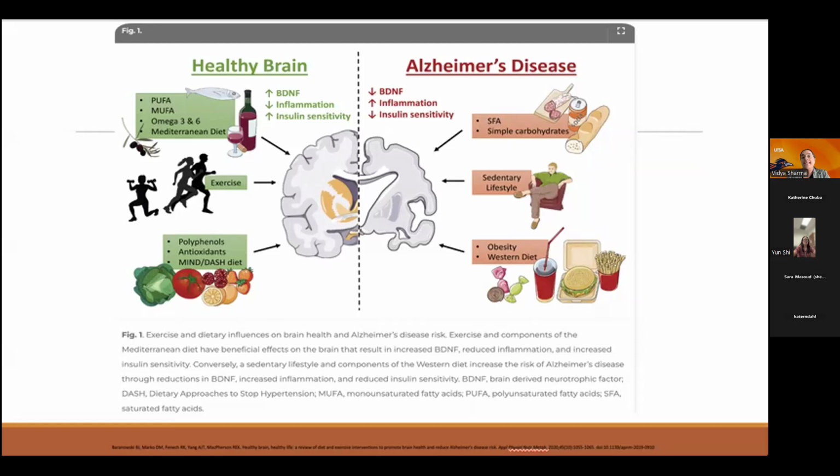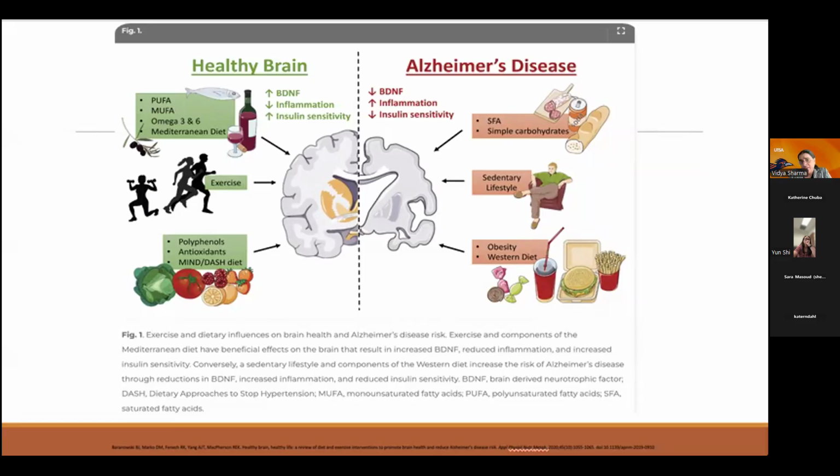One, when you include these kinds of choices, they help to lower inflammation overall. They also increase the proportion of BDNF, which is a brain protecting protein. It's called brain derived neurotrophic factor, and it protects and maintains the nerve cells.